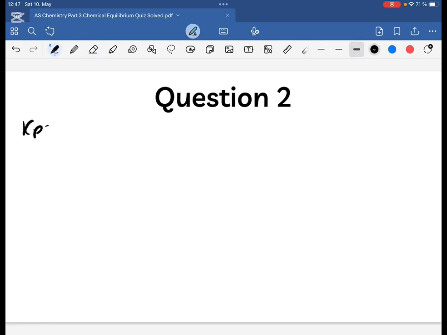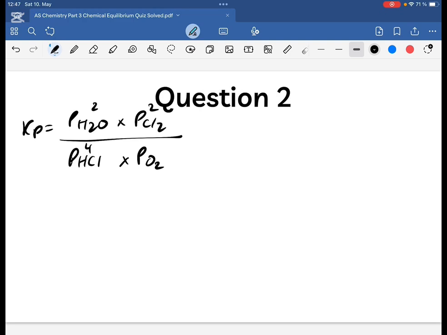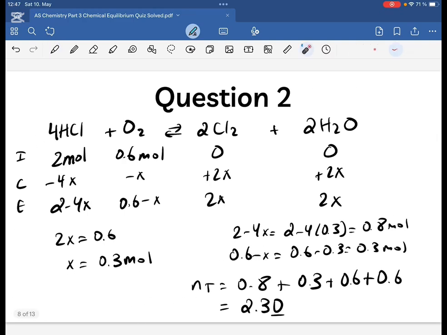Kp is going to be equal to the pressure of H2O squared multiplied by the pressure of Cl2 squared divided by the pressure of HCl to the power of 4 multiplied by the pressure of O2. And I raised the H2O and the Cl2 to the power of 2 and HCl to the power of 4 because of the molar coefficient.